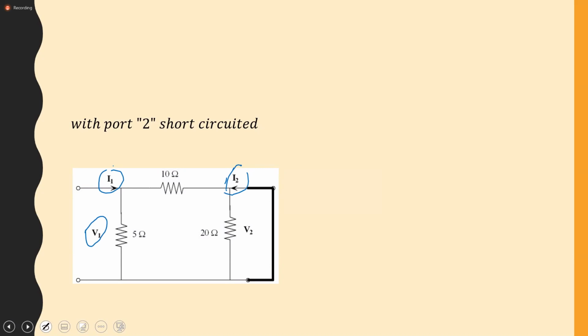Would I agree with that? The fact that I still have these, because in short circuiting port 2, you will agree that V2 is now 0. Good. So let us look at the parameters.